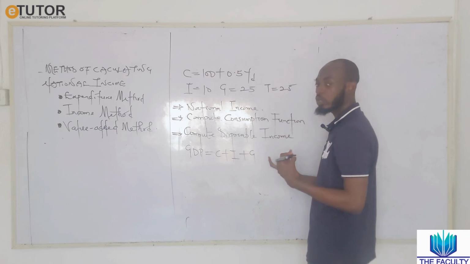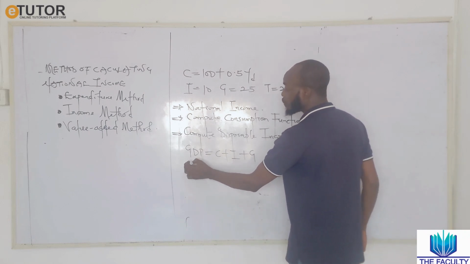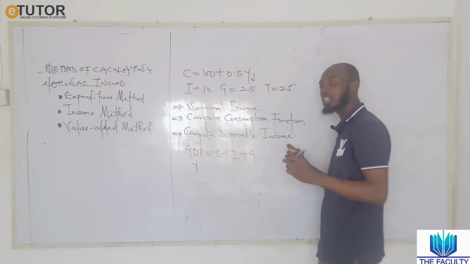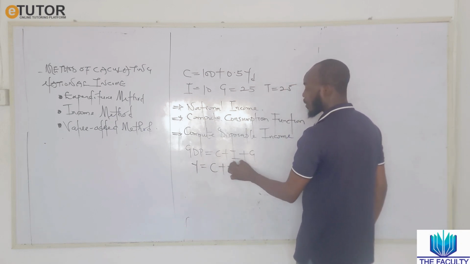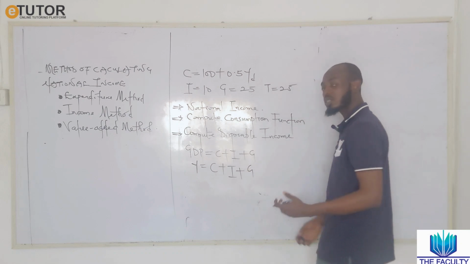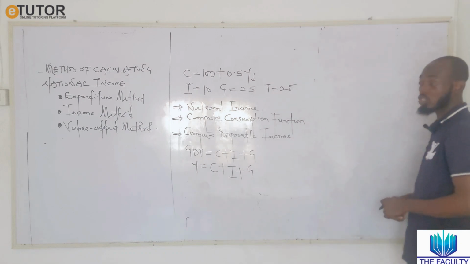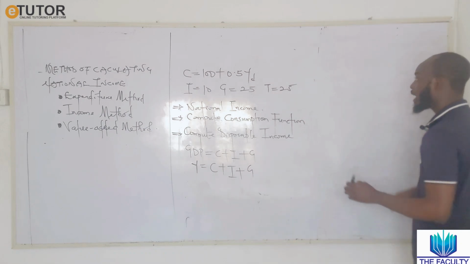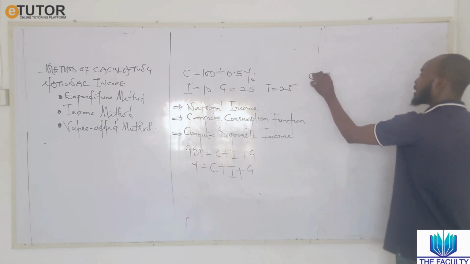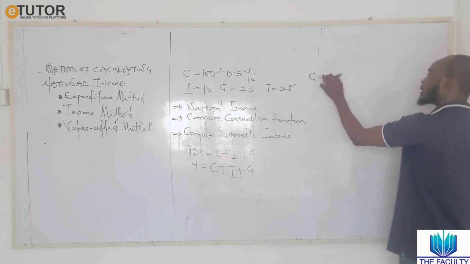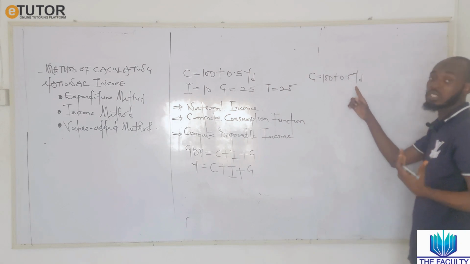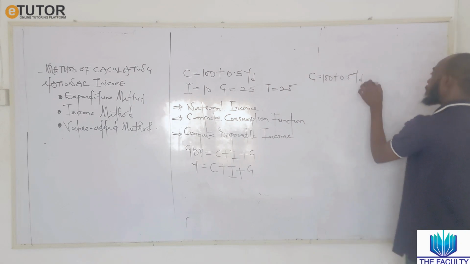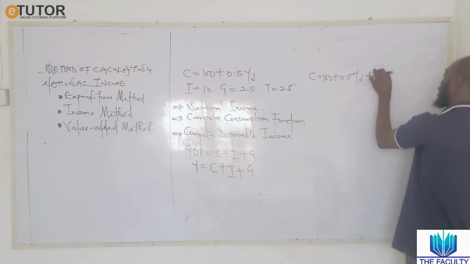Whenever we are working with a closed economy, we normally regard GDP to be our national income, formally represented as Y. So Y is equal to C plus I plus G. Our consumption is given to be 100 plus 0.5 YD, where YD represents our disposable income, plus our investment, which is 10, plus our government expenditure, which is 25.